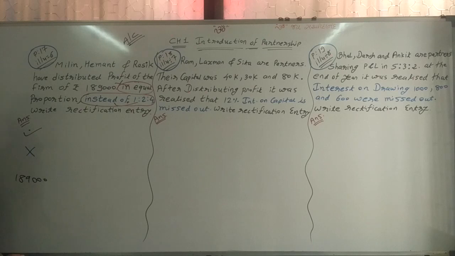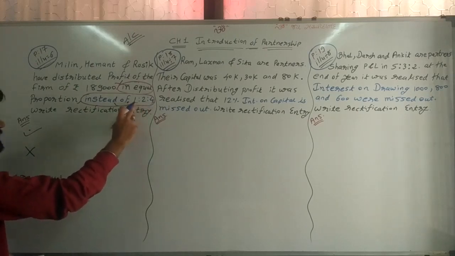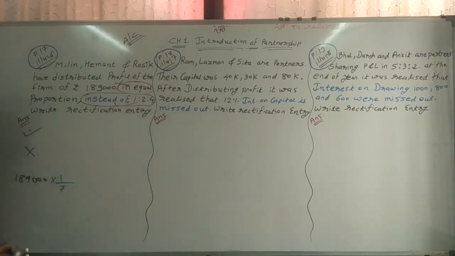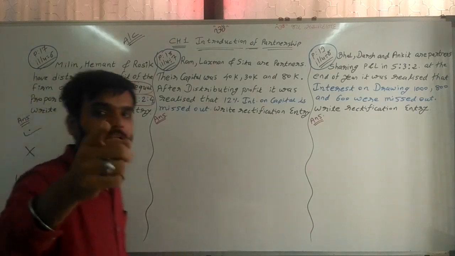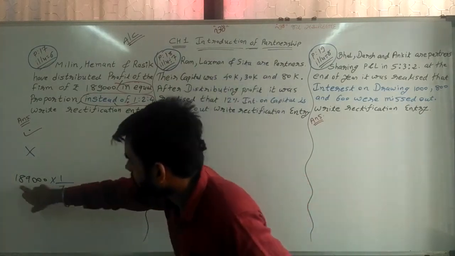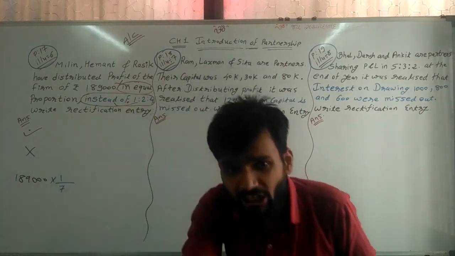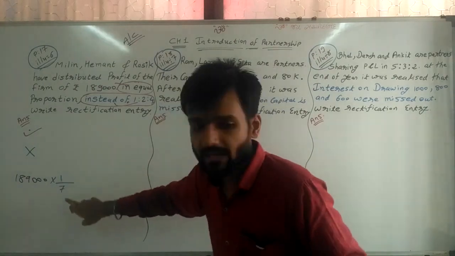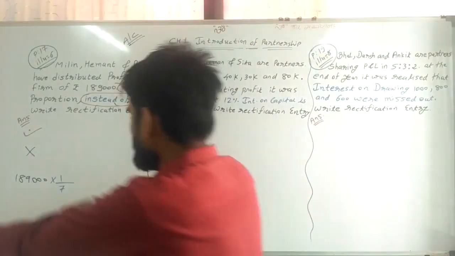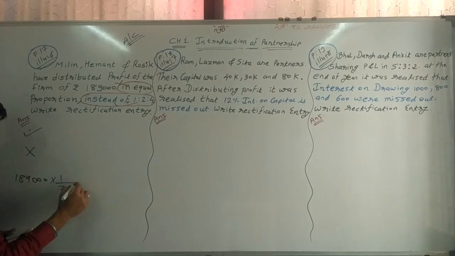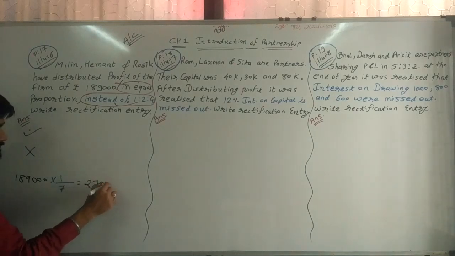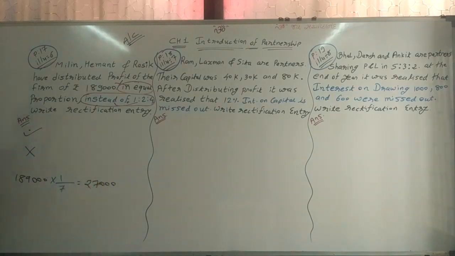First ratio is 1, so 1,89,000 into 1, divided by 1 plus 2 plus 4. So 4 plus 2 is 6, 6 plus 1 is 7. So here we are writing 7. If you calculate on your calculator 1,89,000 into 1 divided by 7, your answer will be 27,000 rupees.